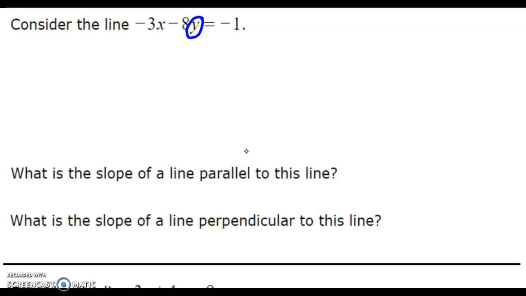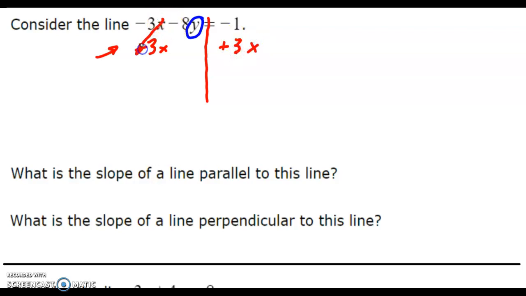So the first thing you have to do, let's check back into our solving equations brain here, is we need to get everything away from the y. I've got to get rid of that entire x term. I'm not solving for x, so I'm not going to divide by negative 3. I need to move the whole thing. So I'm going to do the opposite of a negative 3x, and I'm going to add 3x to both sides.